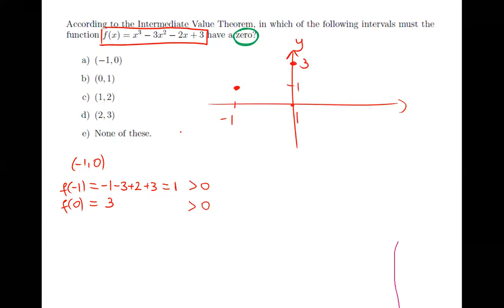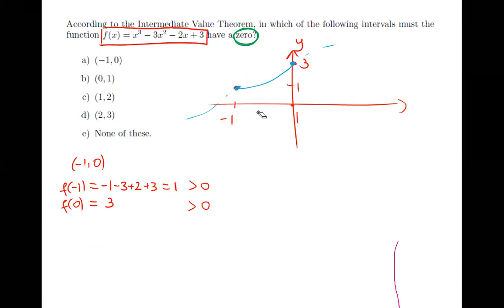But you can see we do have both values above the x-axis. If the function is continuous, I can simply connect the function like that. That means if both of them are above the x-axis, it's not a guarantee that I will intersect the x-axis.